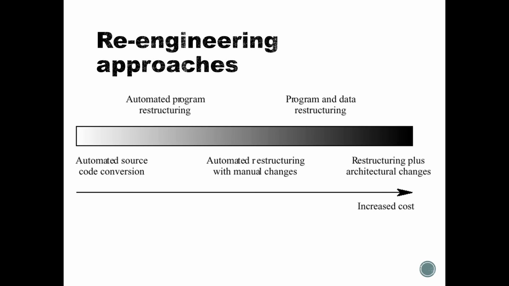However, when we approach the right-hand side of this graph, and the re-engineering is mainly done on the architectural part, then it is the most expensive task. So changing code will be the cheapest part. However, changing the entire architectural design will be the most expensive part of re-engineering approaches.